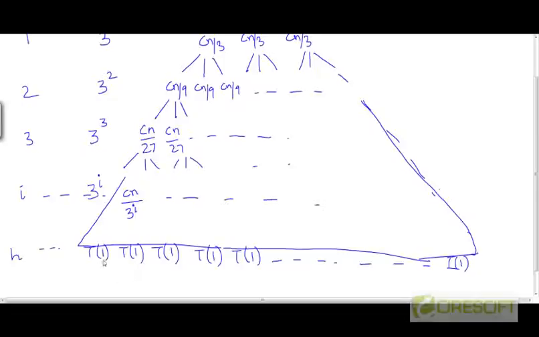If the size of the subproblem is a constant, the running time is also going to be a constant. It's not going to be a function of n if the size of the subproblem is small enough to be some constant. So the number of nodes at this level will be 3 to the power h.